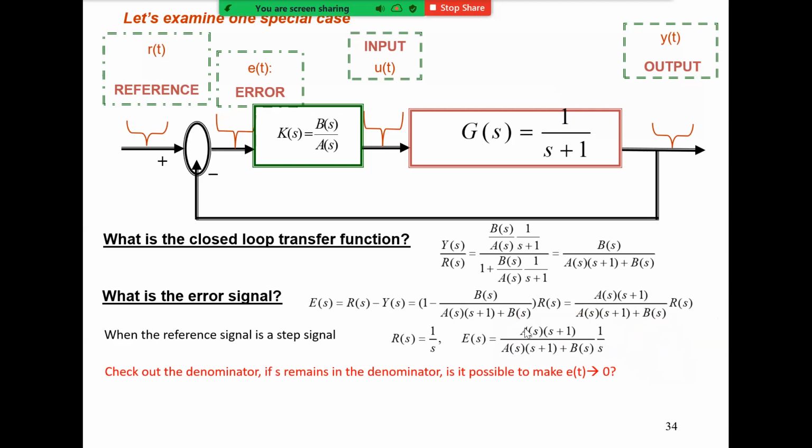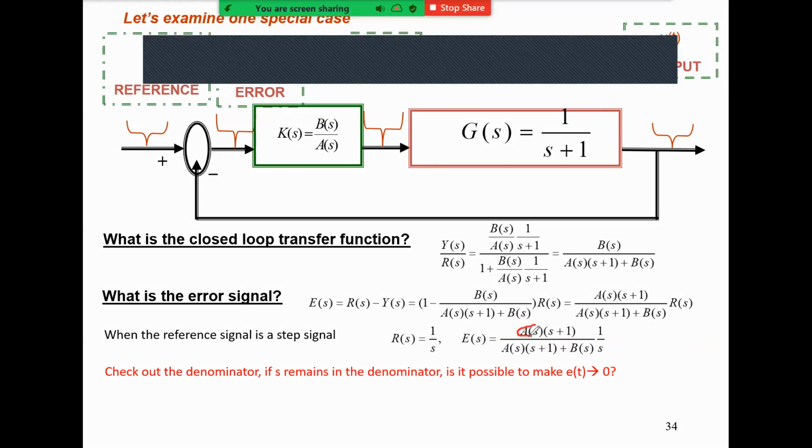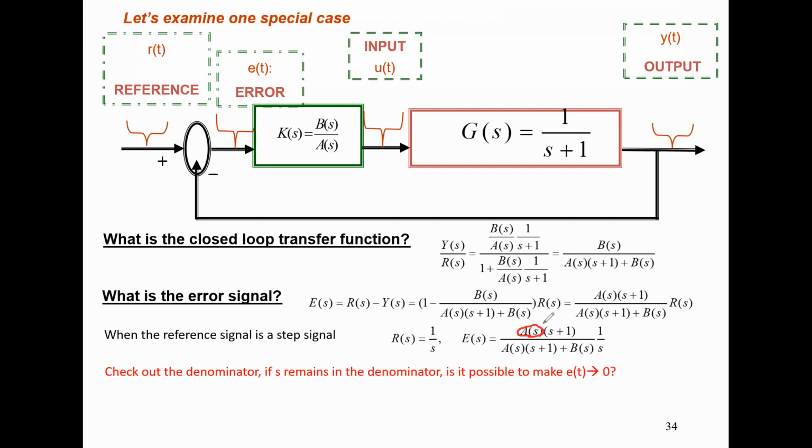You look, there is an A bar in the numerator, and you can design A. If you design your A in terms of s times A prime, let's say, then this s and s will be cancelled out.